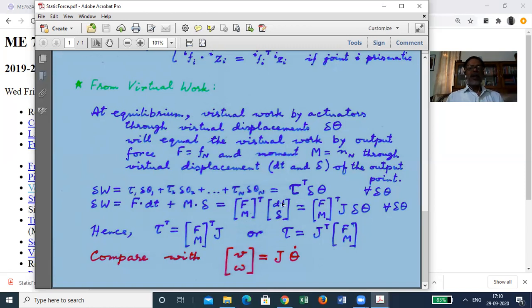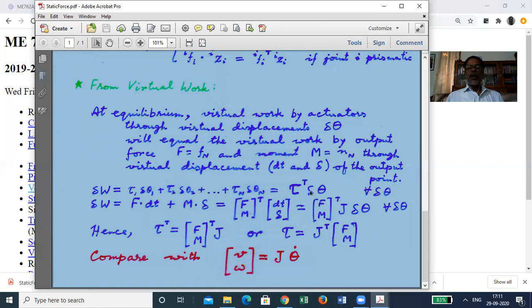So this dt delta is J times delta theta for every delta theta. And now you see this delta w is this and this delta w, which is equal, is this.